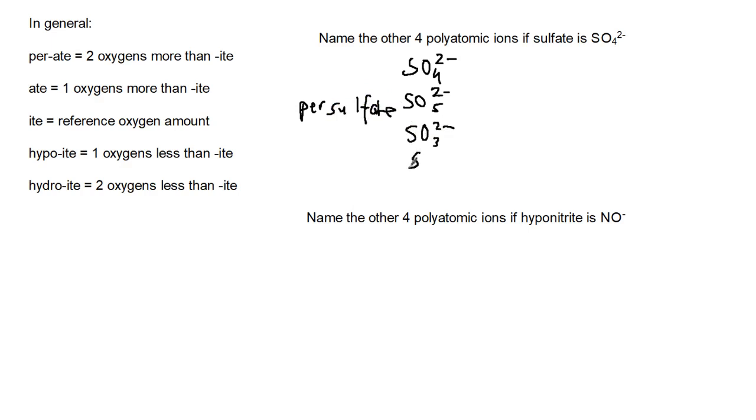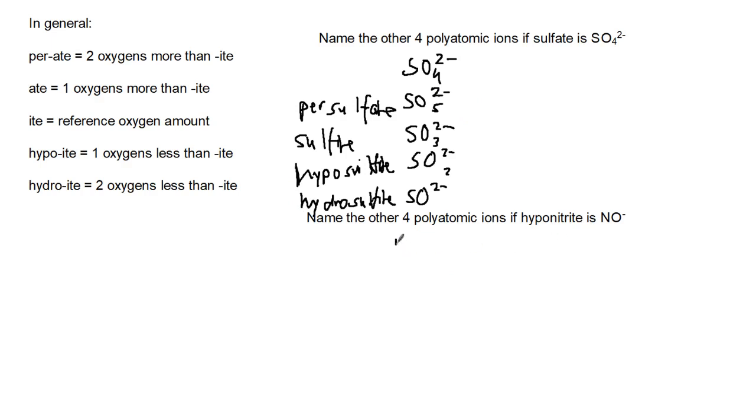SO3 2 minus, we have an SO2 2 minus, and then we have an SO 2 minus. This is sulfite. This is hyposulfite. And I'd assume that these are really reactive. The lower amount of oxygens there are, the more reactive they are. Hydrosulfite.